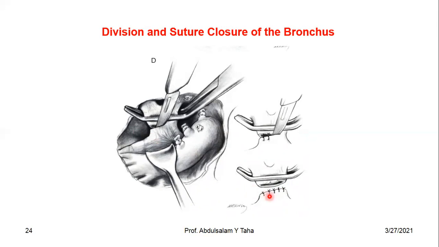And after that, of course, we have to ensure that there is an airtight closure of the bronchus by irrigating the stem with normal saline and asking the anesthesiologist to inflate the bronchial tree and be sure that no bubbles of air escape from the bronchial suture line.